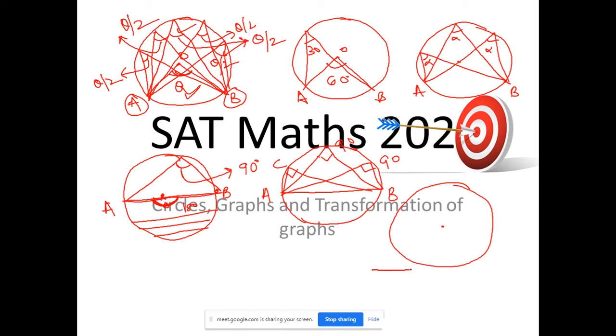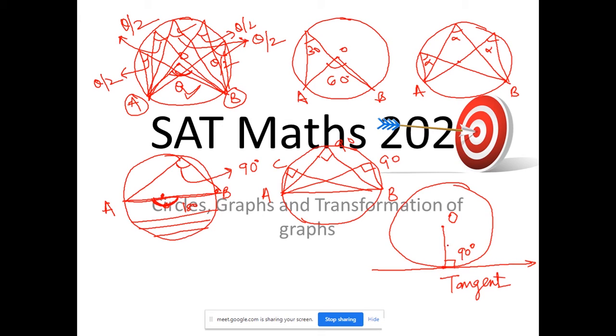A line which touches a circle only at one point, exactly at one point, has a special name. Such a line is known as a tangent of a circle. Okay. And the special property about the tangent is that if you connect the center of the circle with the tangent of the circle, it would make an angle of 90 degrees.